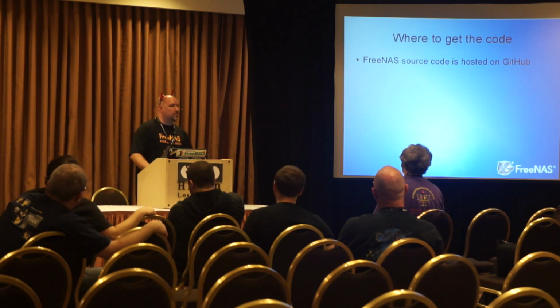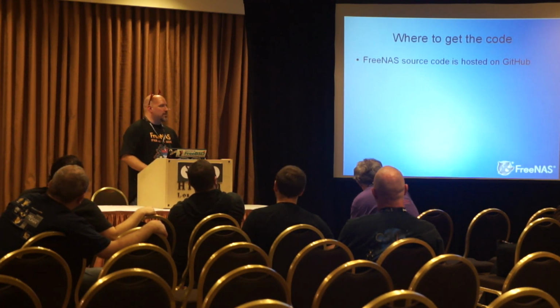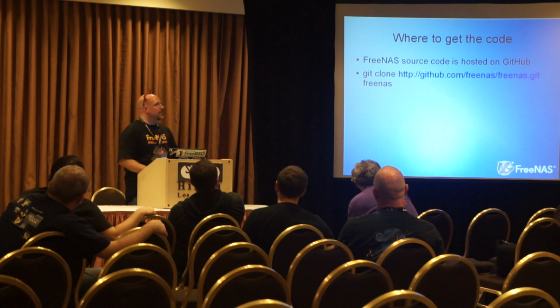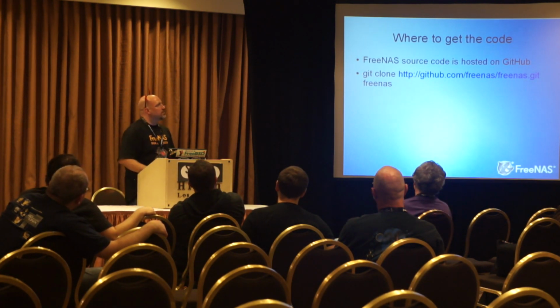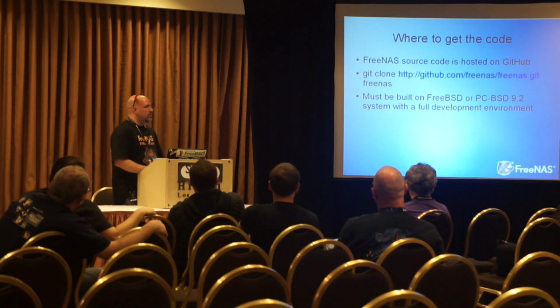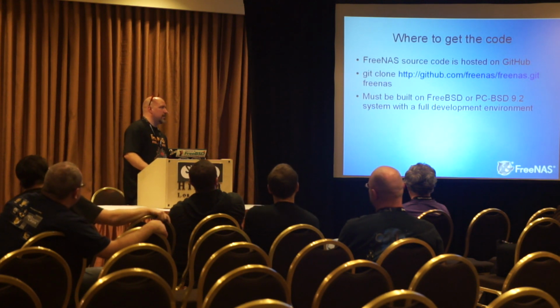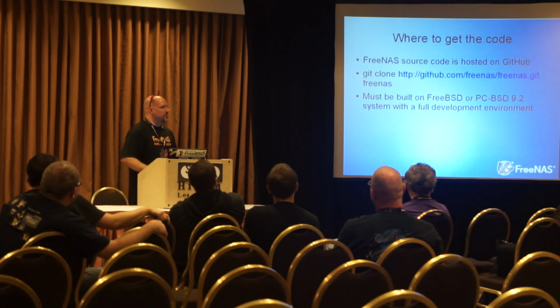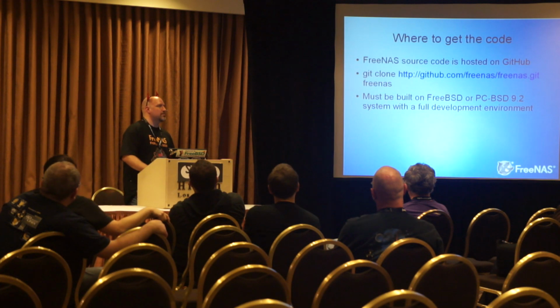Okay, so where do you get the code? GitHub. GitHub is where you get the code, because we use Git. So clone the code as you would any other Git repo. Currently, our requirements to build FreeNAS are FreeBSD or PCBSD 9.2. I know that's very specific, but we need to do a little bit of work to make that a little bit more flexible.